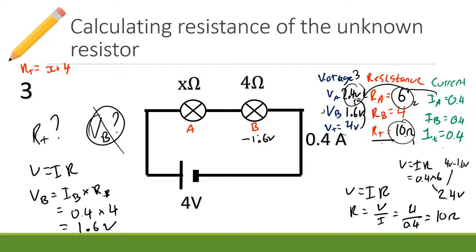There are usually more than one way to do it. We chose to do VB first. You may have instead chosen VA second. After we did VB, we could do VA, and then RA, and then we could have done the total resistance by just adding these two numbers up. It doesn't matter which way you do it. And believe me, every time I've taught this, I've done it a little bit of a different way.